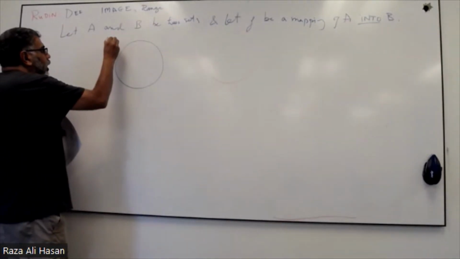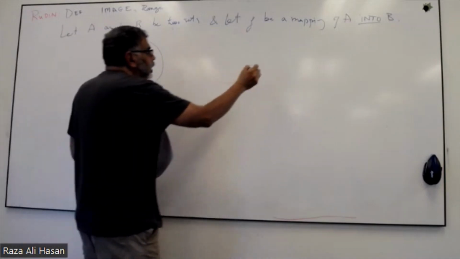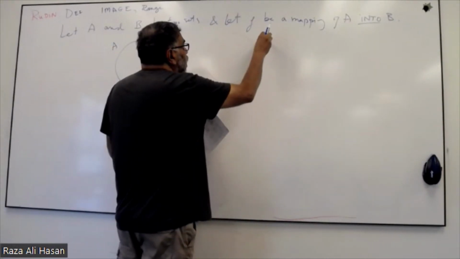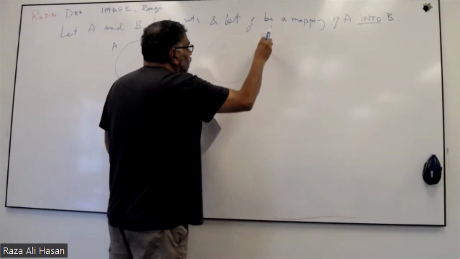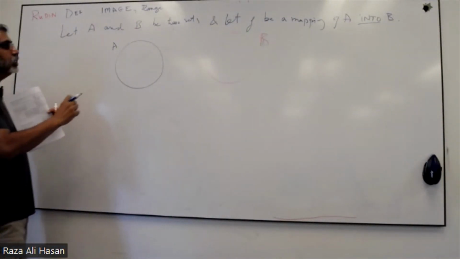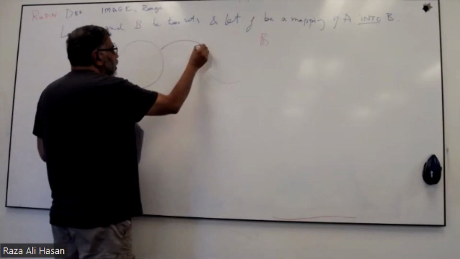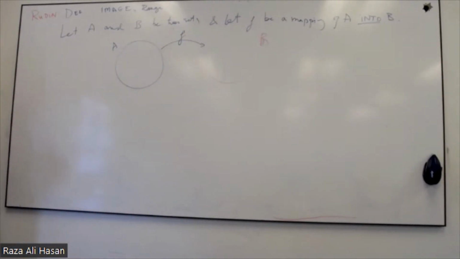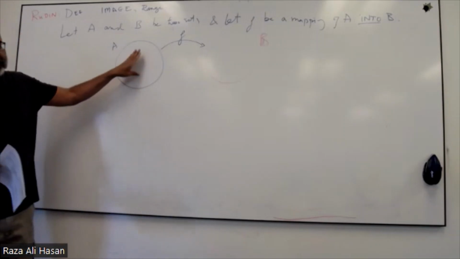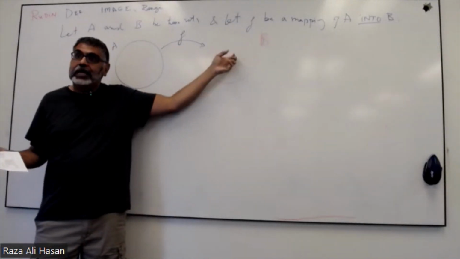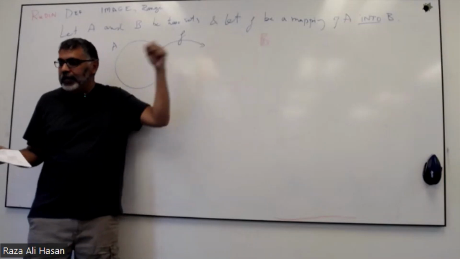We've got A. Let A and B be two sets, and let a function be a mapping. So we can just throw in this line here, right? Here's our function. What does this function do? It associates elements of set A, in some manner, with elements of set B.